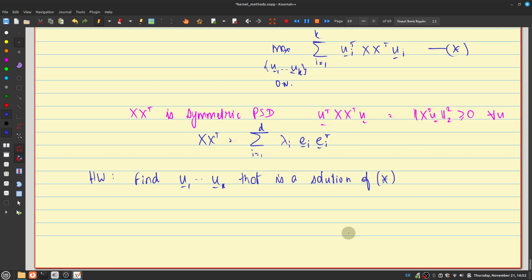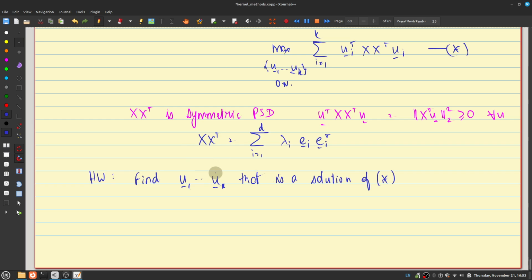Which one will be zero otherwise? Oh, sorry, what will be zero otherwise? If what is not satisfied, so the solution will lie in the span of the eigenvectors of XX transpose.